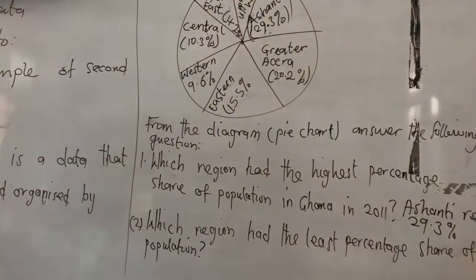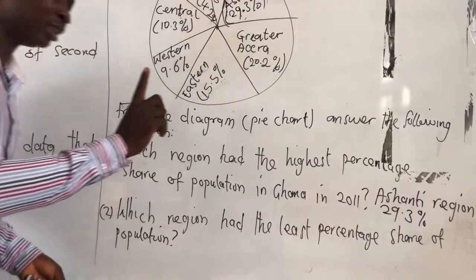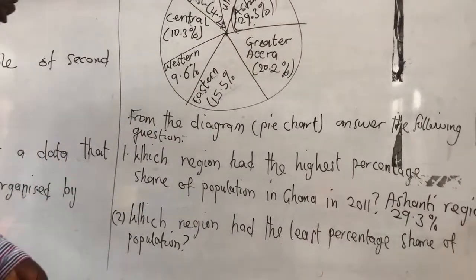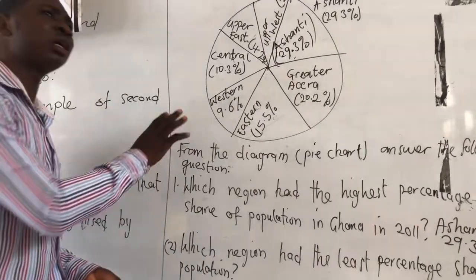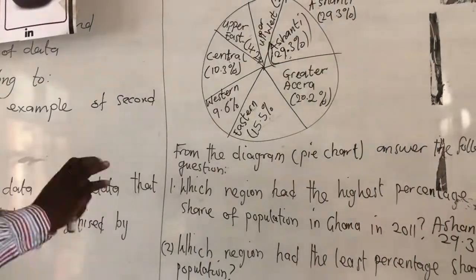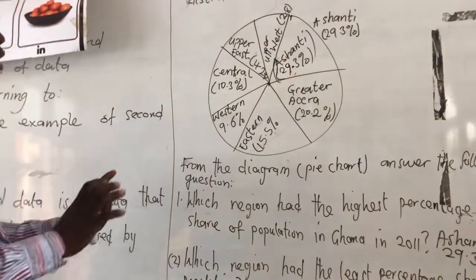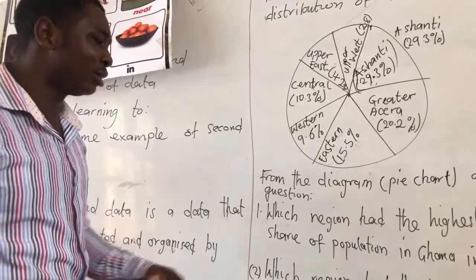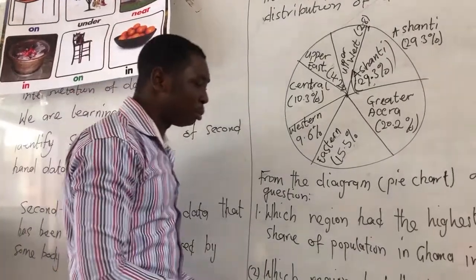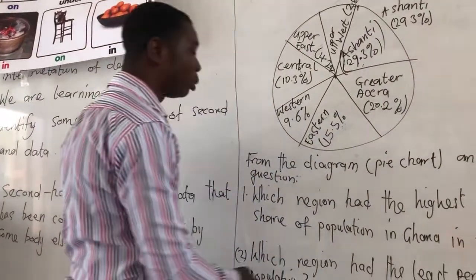I can also ask you which region had the least percentage share of the population. Go to the diagram and look at it carefully. You will see the least figure. The region with the least figure has the least percentage share of the population.